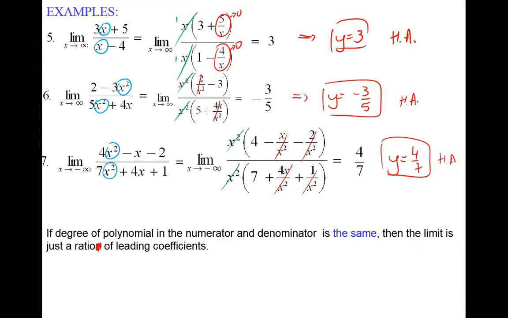Okay, now are you ready for your exam type question? Who can give me the answer of this one? You have to be careful. Limit as x goes to infinity, 4x to the power of 4 plus 5, x squared minus 2 times 4x squared minus 1.